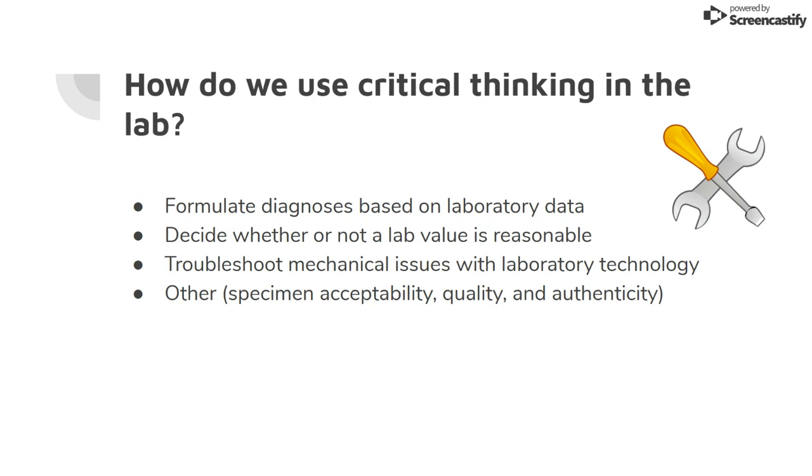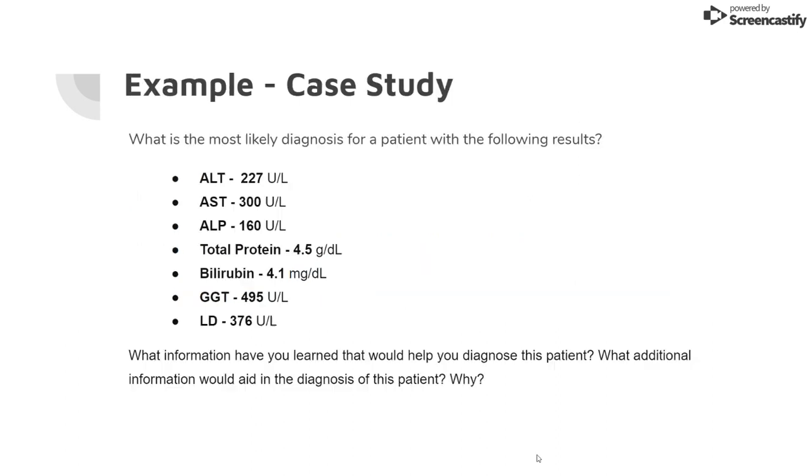Would it happen with the aspiration of the sample? Did it happen somewhere further along in the analysis process? Are you using expired reagents? Things like that. You just have to use your thinking ability to diagnose problems on a machine just like you would diagnose them on a patient. And we do both.